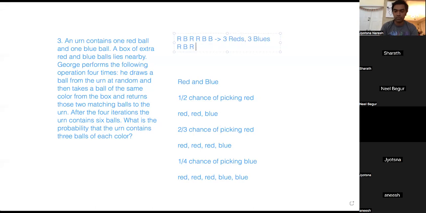Could it be blue again? Sure. Okay, so red, blue, then blue again. Okay, then what else? And then could you have a red, and then red, blue, red? Okay. Yeah, so this is also one possibility, right?